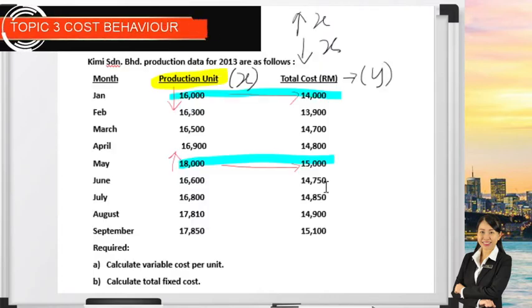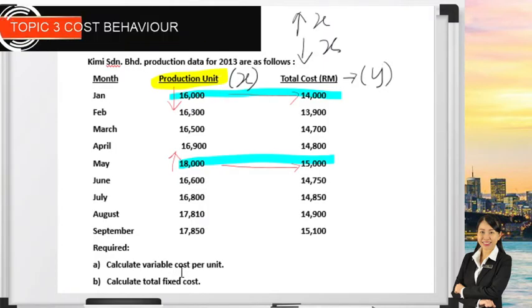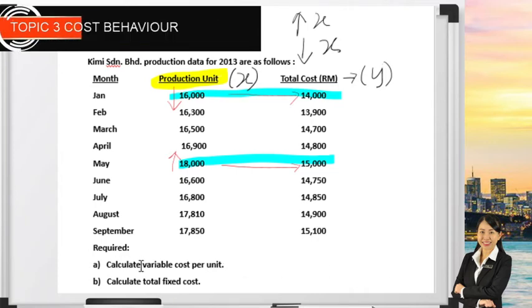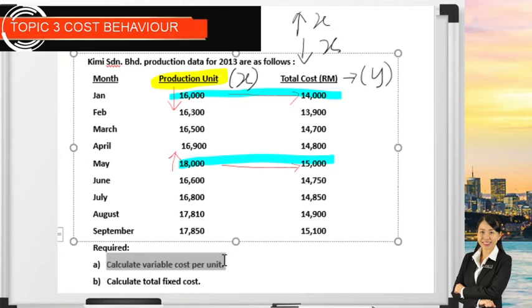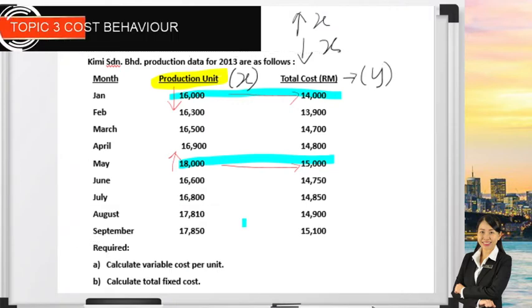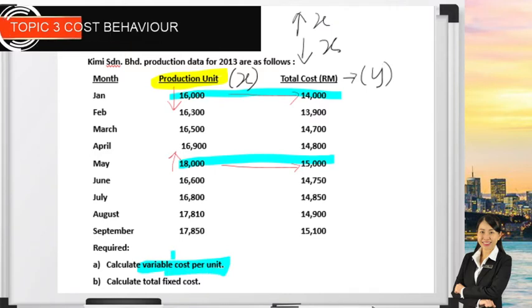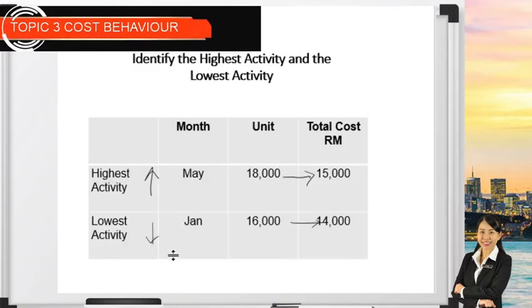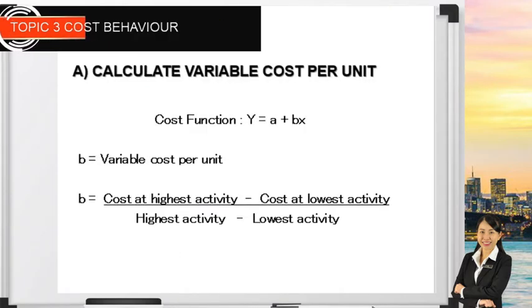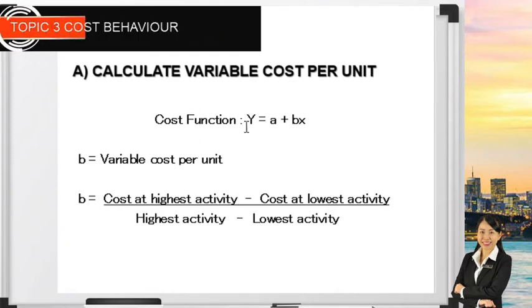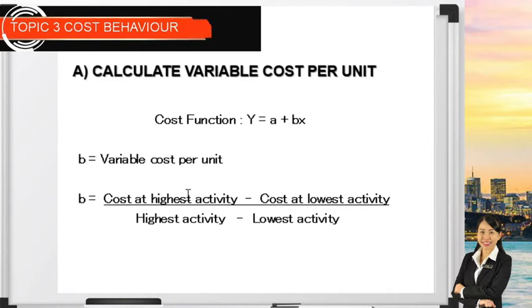Our first question is to find out variable cost per unit. To find out variable cost per unit, we need to use our formula. We will use the cost function y equal a plus bx.